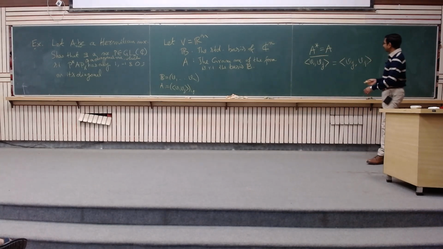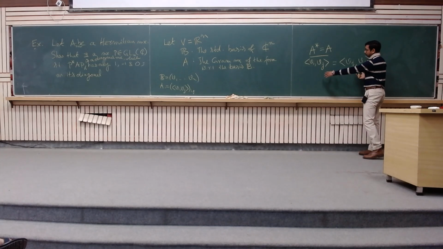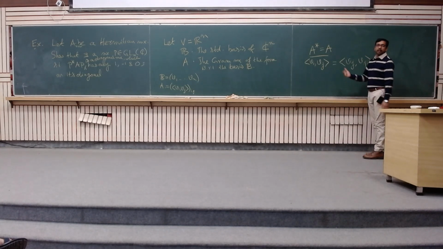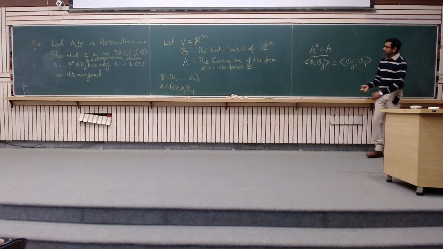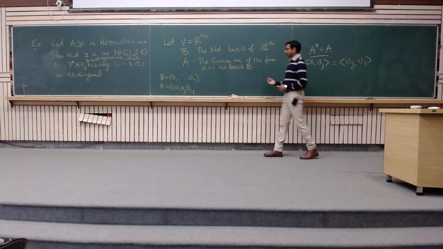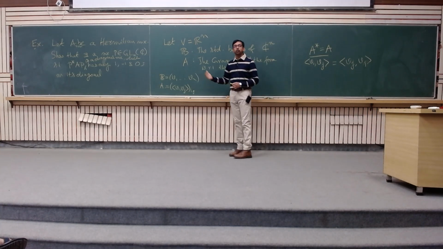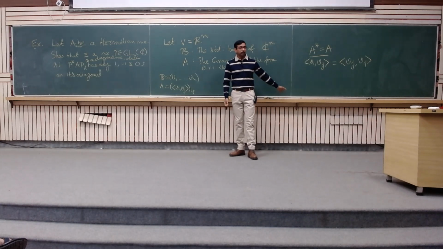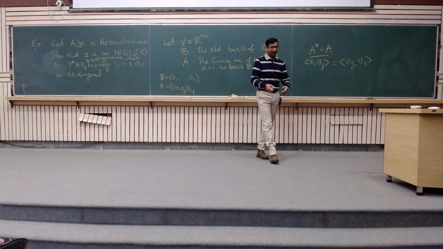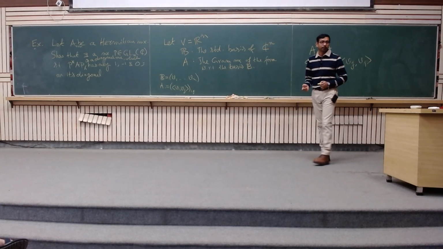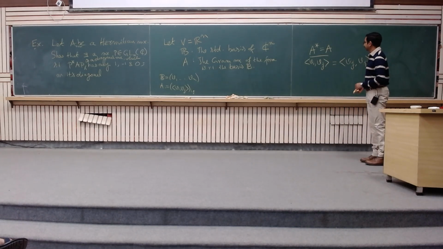And now note that because of this Hermitian symmetry, if you extend this linearly in the second variable and conjugate linearly in the first variable, we get all the axioms for a Hermitian form, right?